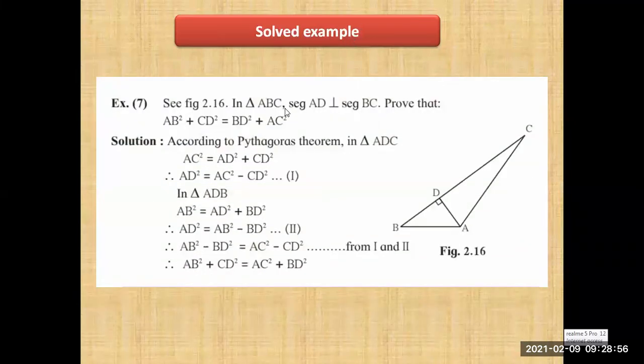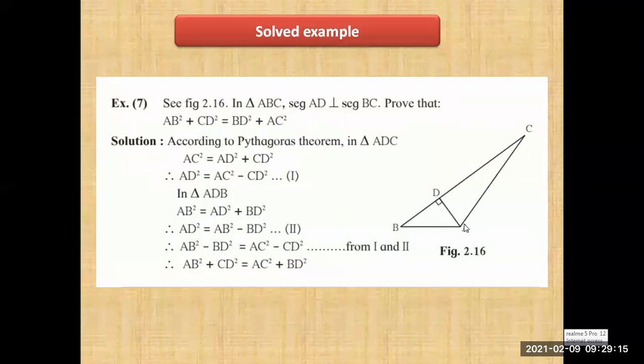In triangle ABC, seg AD is perpendicular to seg BC. Prove that AB square plus CD square is equal to BD square plus AC square. So see student, in this triangle ABC, AD is perpendicular to BC.